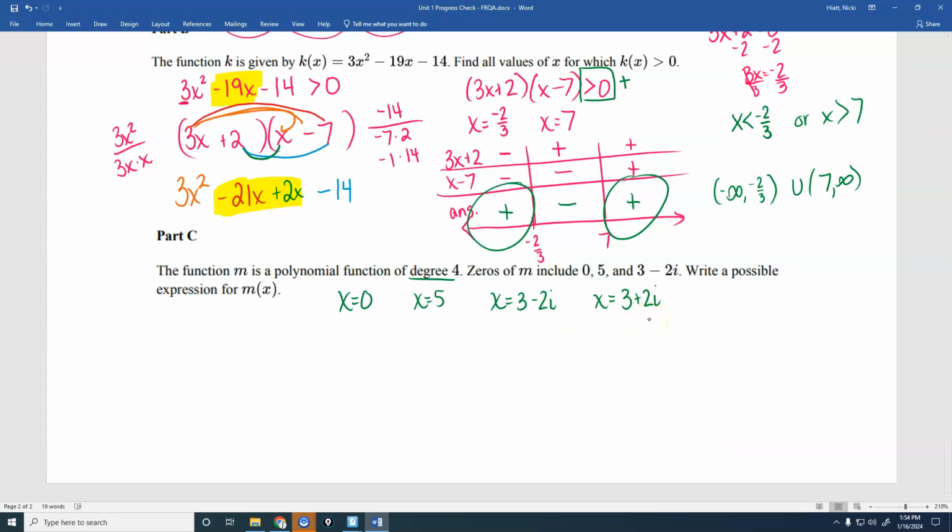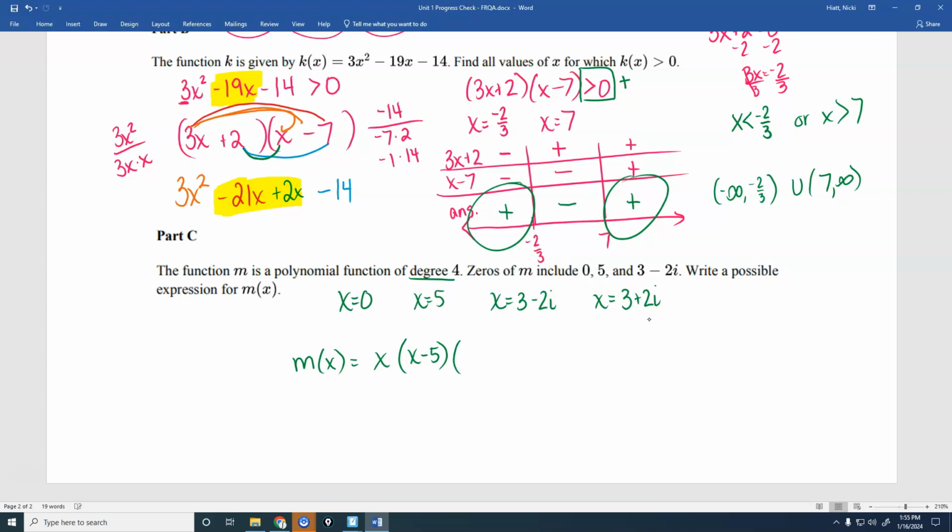So, if I have x equals 0 as a 0, that means I'm going to have an x, or if you want, you can even put x minus 0 there as my factor. And then if I've got x equals 5, I've got an x minus 5. And then the same thing is going to hold true even with these non-real answers.